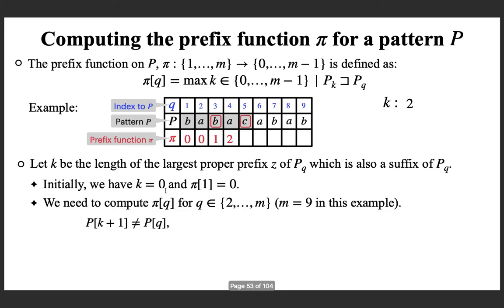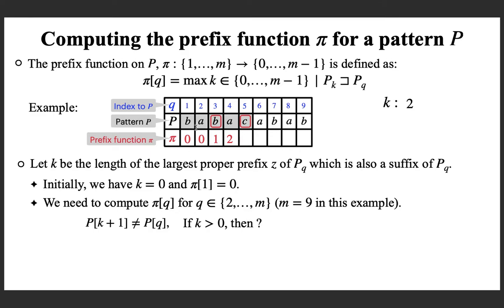Proceeding, you are checking whether the next value, now the matched string is BA. What is the next value? At k plus 1 is B, which is not same as the newly processed symbol at q. But in this case, k is greater than 0. Now this is a pivotal step in the algorithm. What you can do? You cannot extend the present prefix.